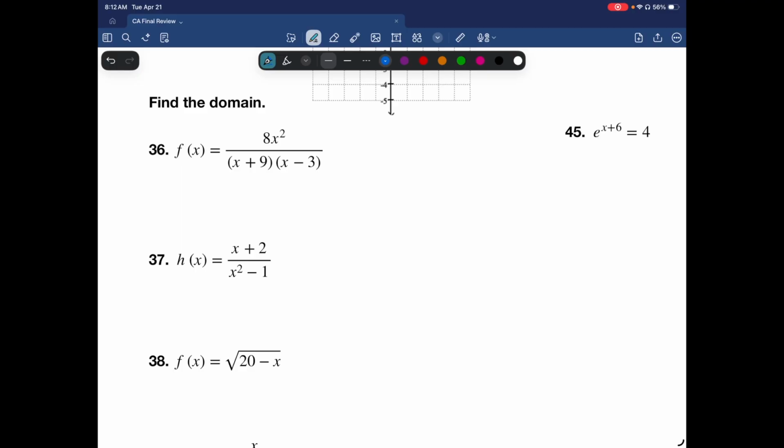So x plus 9 equals 0, x minus 3 equals 0. Solve each of these, you get x equals negative 9, x equals 3. If I plug in negative 9 or if I plug in 3, it breaks my fraction, so I'm going to throw those out. So my domain for 36 is x does not equal negative 9 or 3, because if I let it equal either one of those, it breaks my fraction.